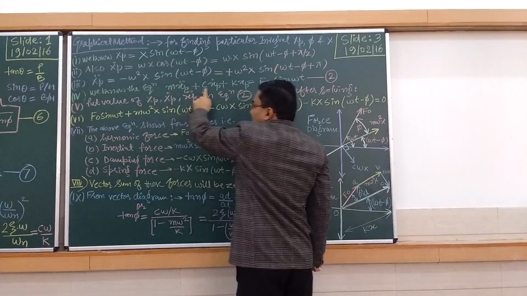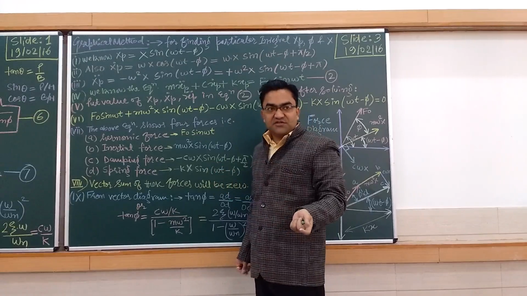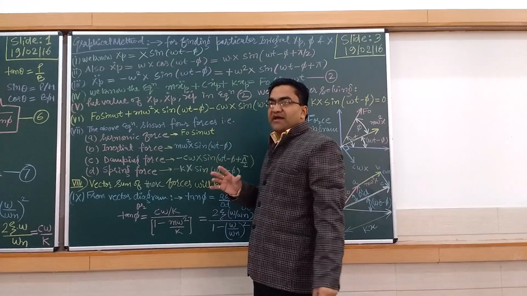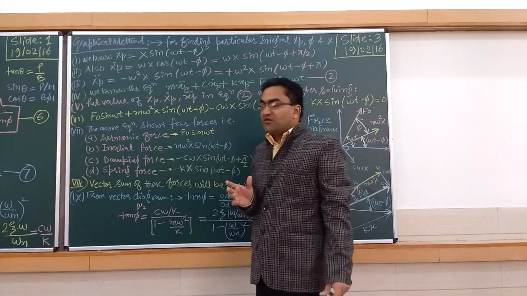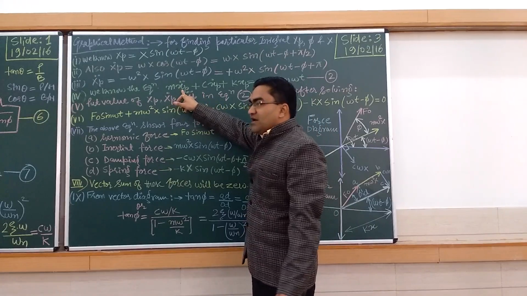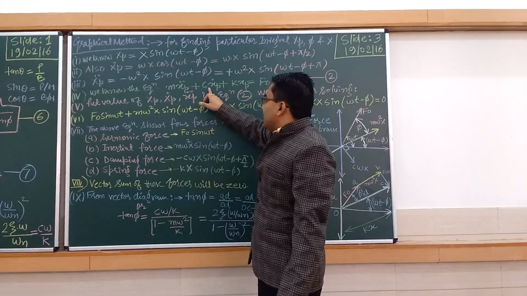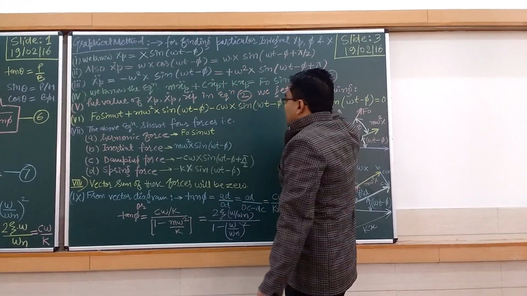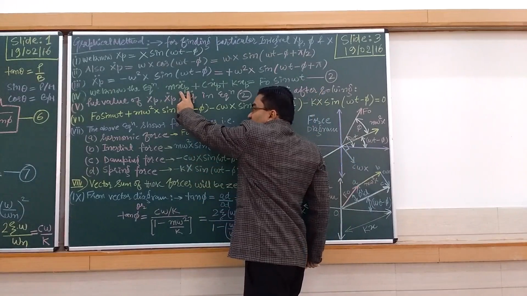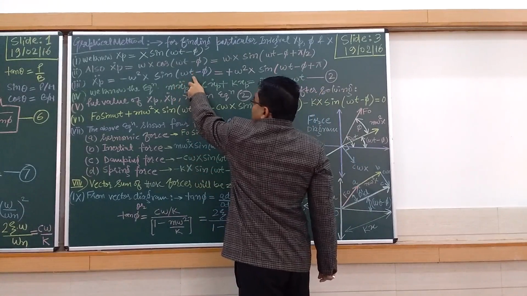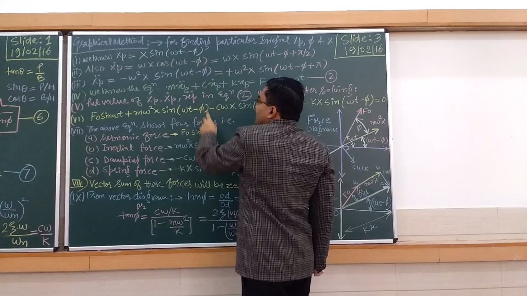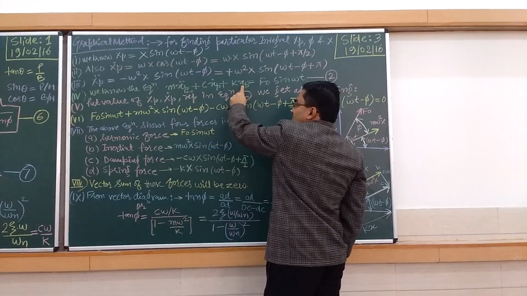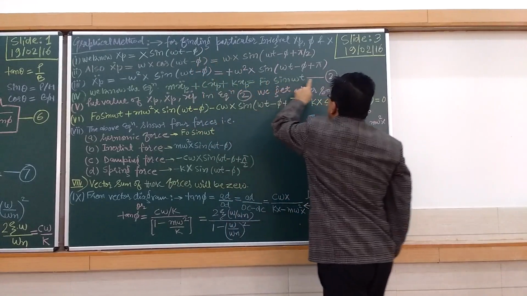Now we know the basic equation for a spring mass damper system actuated by a harmonic force, that is F naught sine of omega t: m xp double dot plus c xp dot plus k xp equal to F naught sine of omega t. Just put the value of xp double dot from step number 3, similarly xp dot from step number 2, and xp from step number 1 in equation number 2.